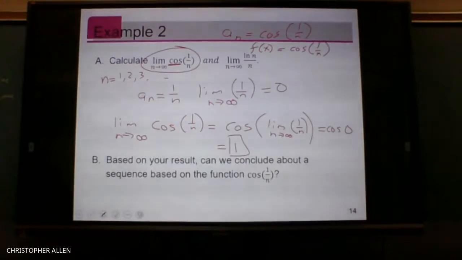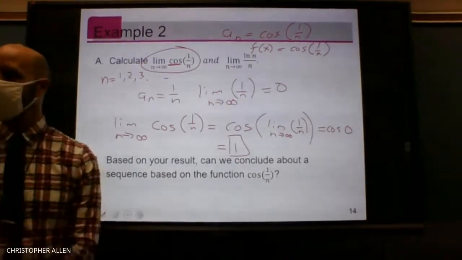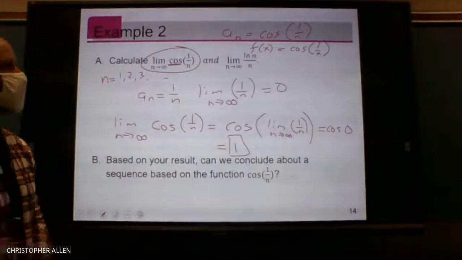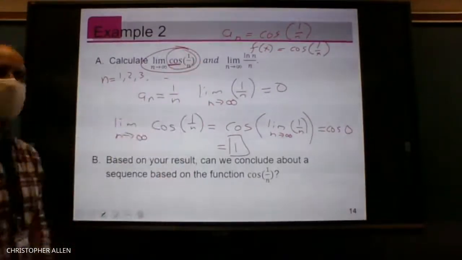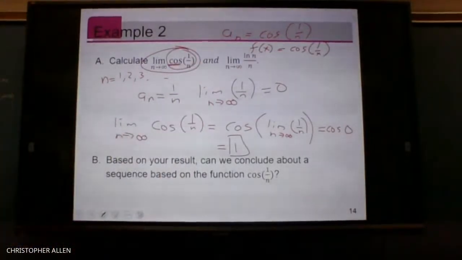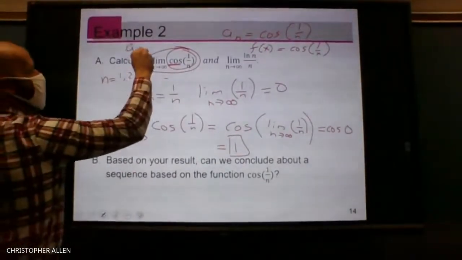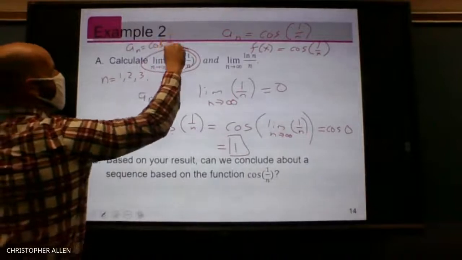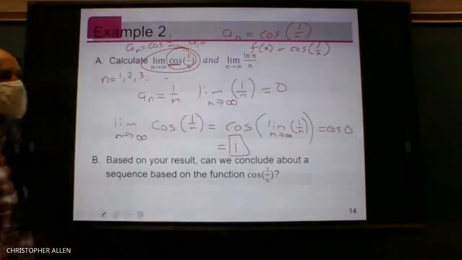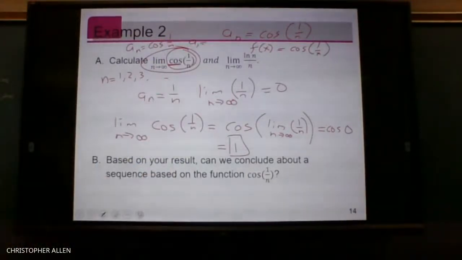Now, here's the interesting thing. Maybe this is interesting. How many terms did I list if we think of this as our sequence? In fact, if a sub n is the cosine of 1 over n, what is a sub 1? Cosine of 1.